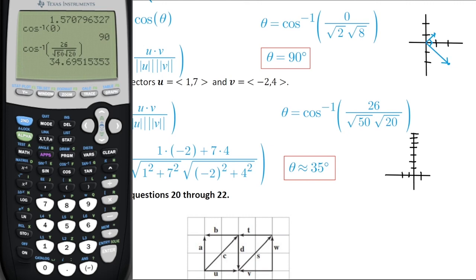The first vector, vector u, is going to be pretty much up here, and vector v is going to be negative 2, 4. It's going to be roughly here. So you can see that 35 degrees seems pretty reasonable for this angle measure right here.